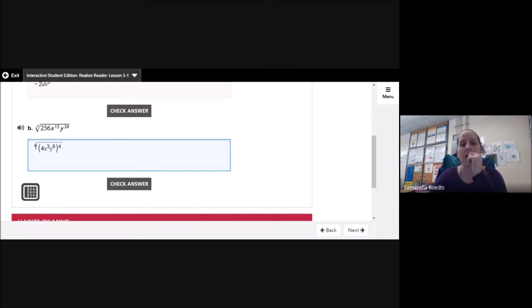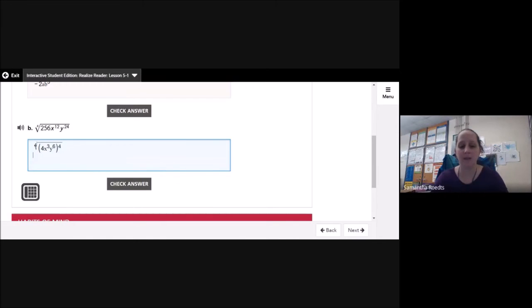That's all raised to the 4th power. So 4 to the 4th is 256, x cubed times 4 is x to the 12th, and y to the 6th raised to the 4th power is y to the 24th.